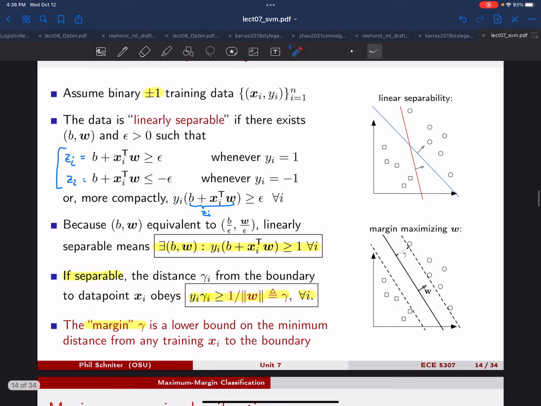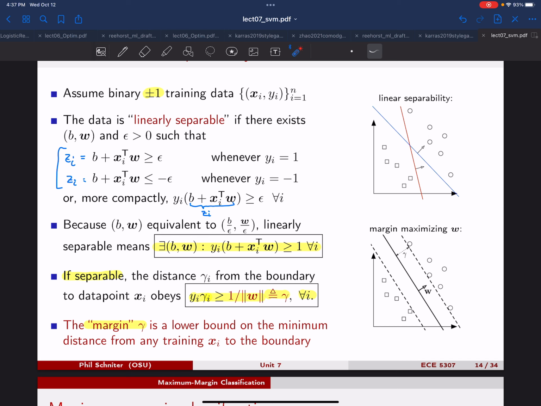Okay, so again, this is our margin, gamma. We can also write it as 1 over the norm of W, and we want to maximize the margin, right? So we want to maximize 1 over the norm of W. But of course, that alone is not enough. We actually have to do that while at the same time making sure that all of our training samples are correctly classified.